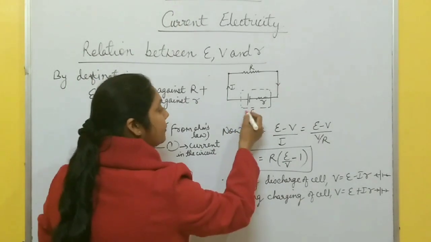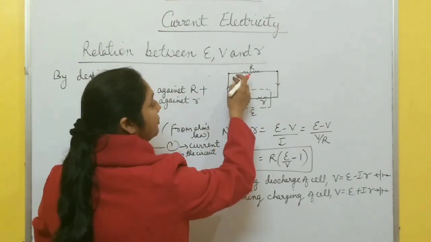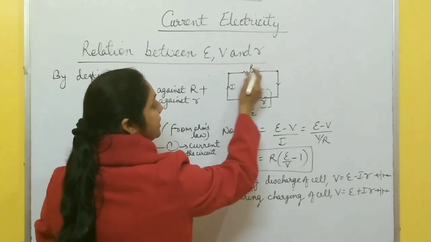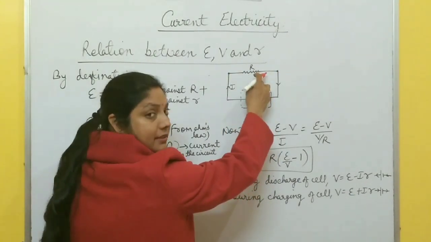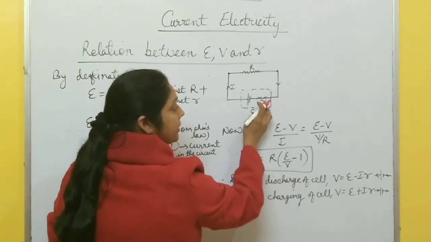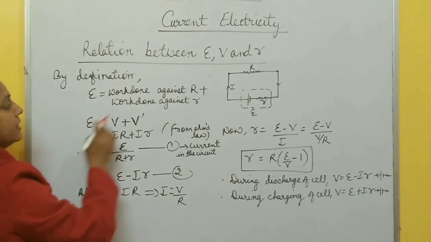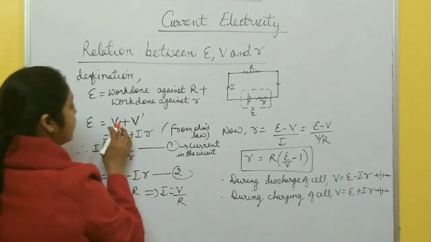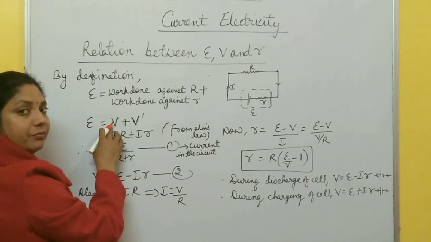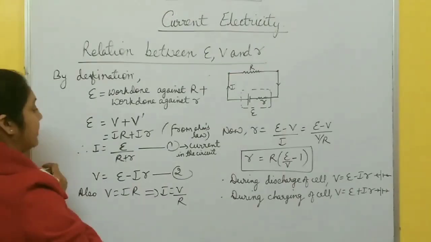So this EMF of the cell is used in two ways. First, work done in moving a unit charge through the external circuit against the external resistance, plus work done in moving a unit charge against the internal resistance. So total EMF of the cell is work done against external resistance, I have taken V, the terminal potential difference between the terminals of the external resistance, right?